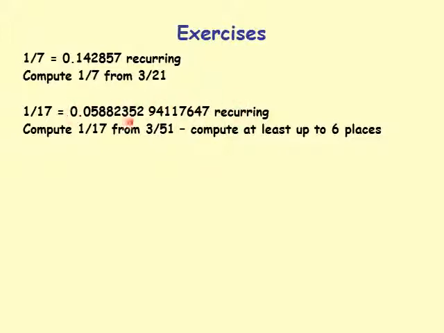These are 16 digits recurring, whereas there are 6 digits recurring here. Okay, let's continue here. Compute 1 over 17 from 3 divided by 51. Compute at least up to 6 places. That means compute the first 6 digits, up to 3 here.